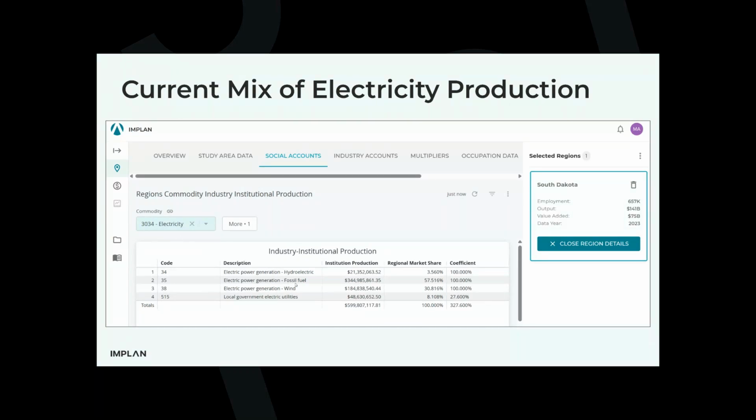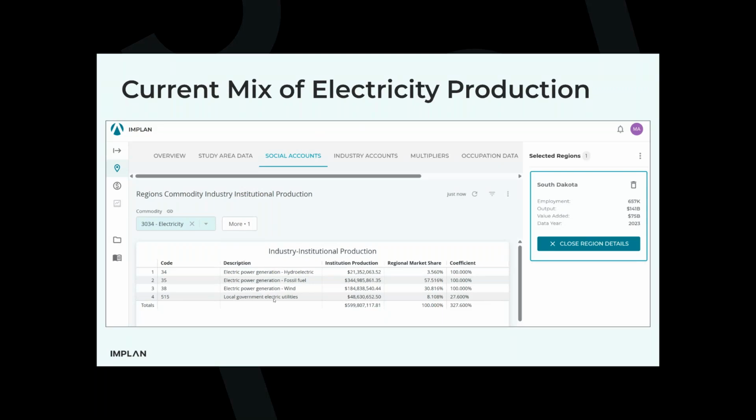So here we see that the majority of electricity production in South Dakota in terms of dollar amounts is primarily fossil fuels, with 30% in wind and about 3.6% going to hydroelectric, and then another chunk going towards local government electric utilities.